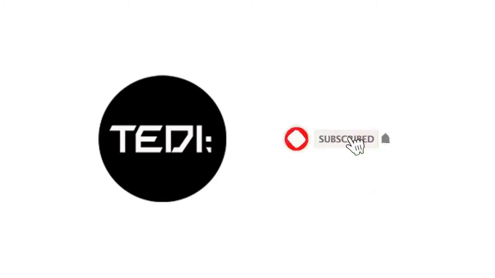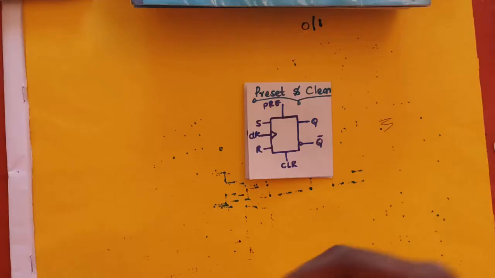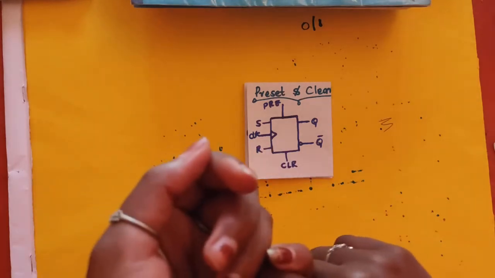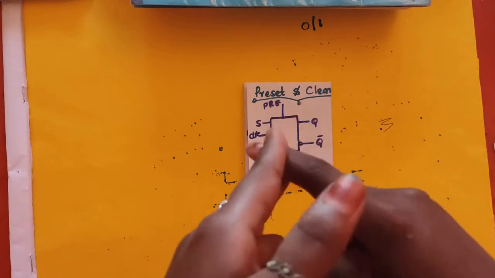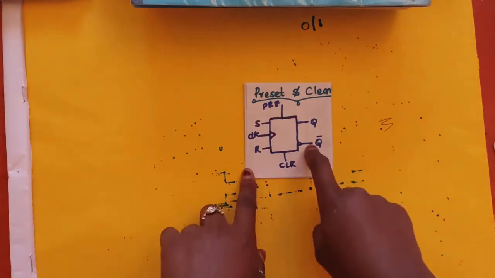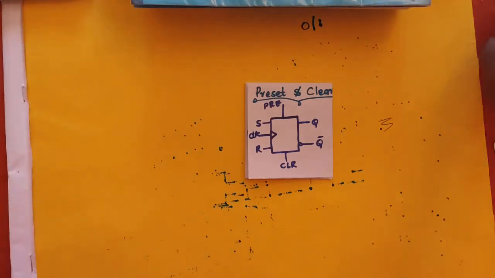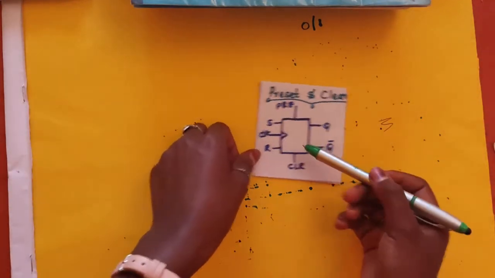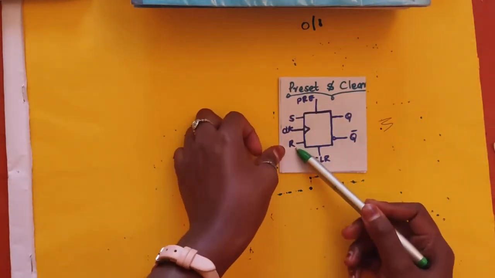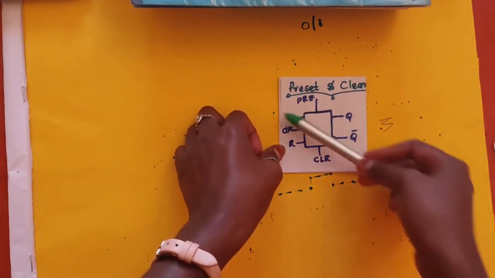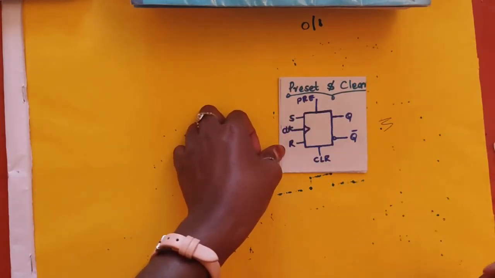In the previous video, we talked about the SR flip-flops and the SR latches, and we also looked at their timing diagrams. Before we proceed to the JK flip-flop and the D type, let's first look at the preset and clear. We have a lot of synchronous inputs: the S, the R, the J and K, and the D. Those are synchronous inputs.